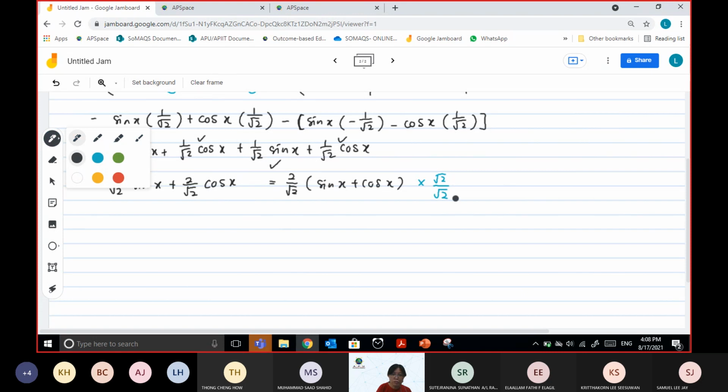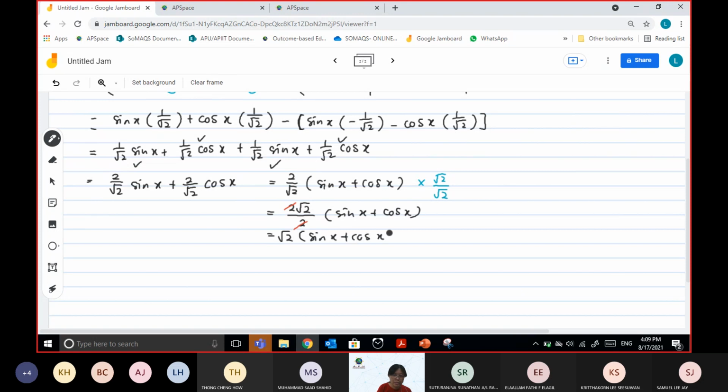Square root of 2 times square root of 2, you get 2. At the top, you have 2 square root of 2. Then can you see, you can cancel this one? So your answer is square root of 2 times sine x plus cos x. Okay, so is that okay?